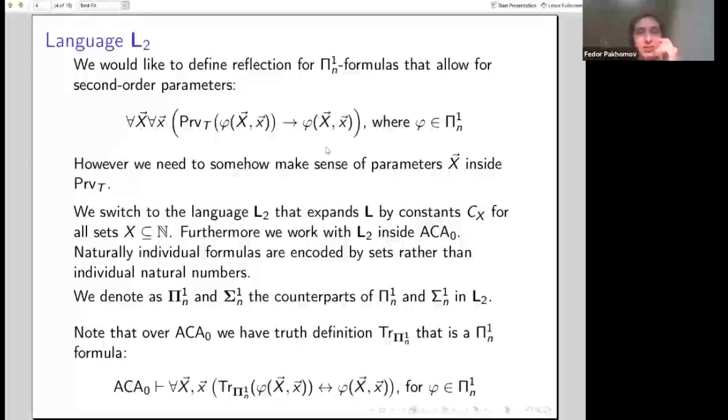Okay, so I'll just continue then. Of course, we then have the usual classes boldface Π1n and boldface Σ1n. This is very much in line with the style of notation used in descriptive set theory, where you have lightface Π1n sets and boldface Π1n sets, the distinction being that lightface Π1n sets do not contain parameters and boldface Π1n sets can contain parameters.